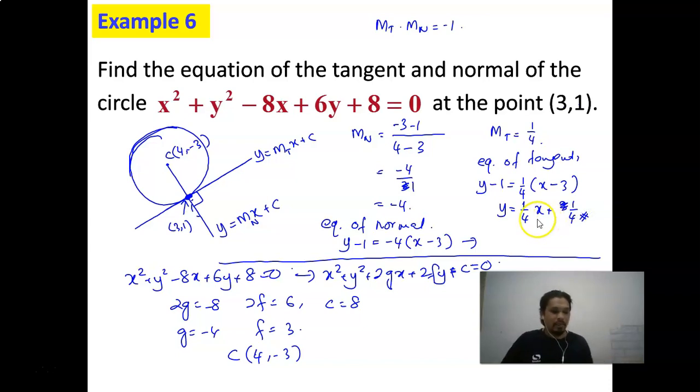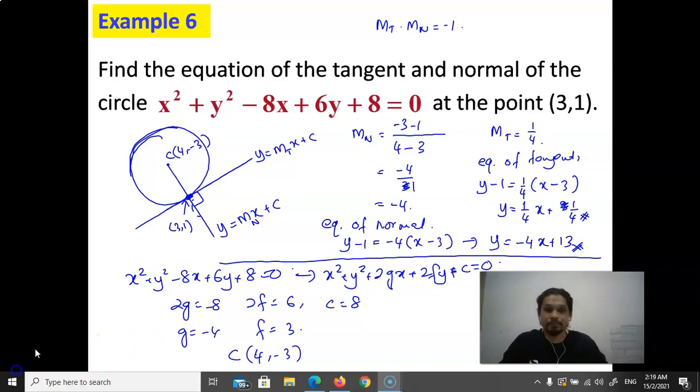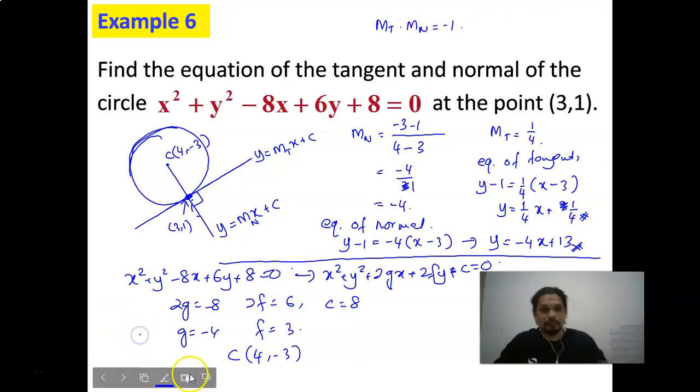And for the equation of normal, y minus 1 equal to negative 4 times x minus 3, then here you should get y equal to negative 4x plus 13. Okay, that's it. The solution for this question here now.